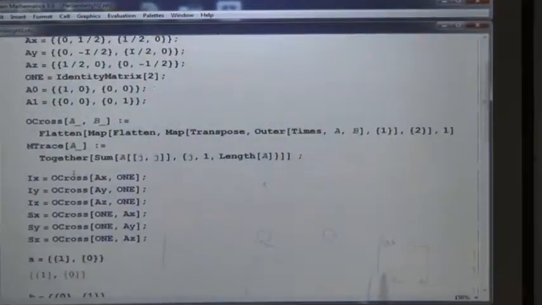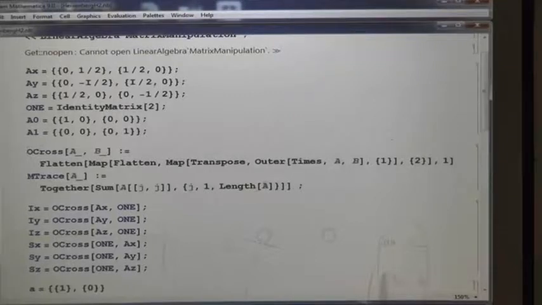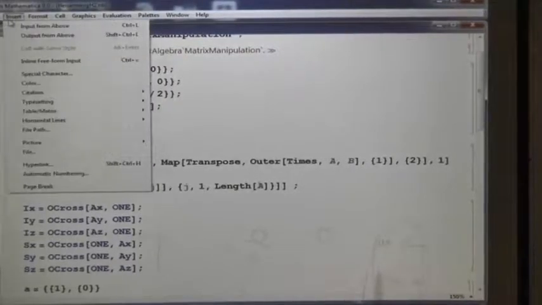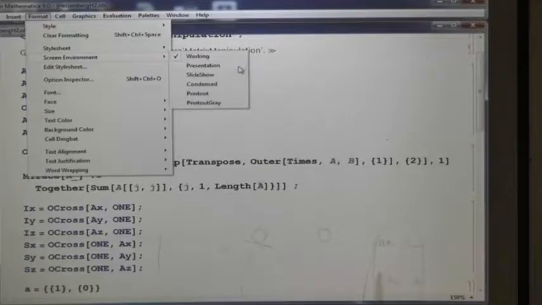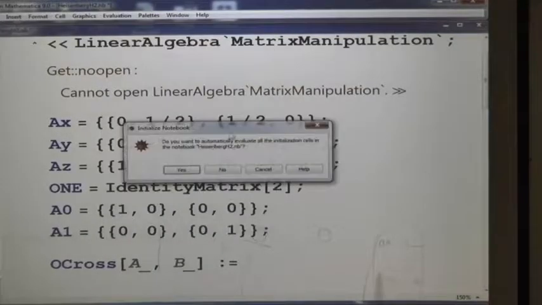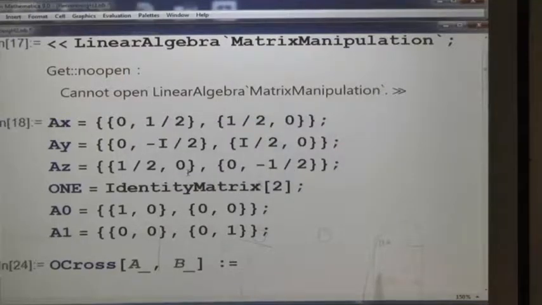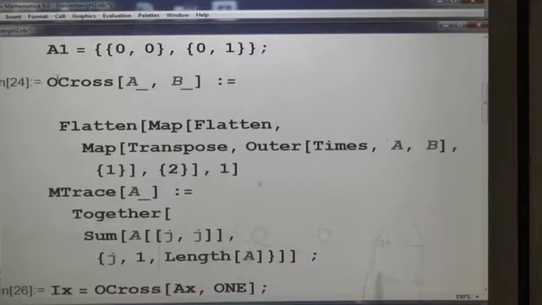So what I've done, I've defined a tensor product, O cross. I've already defined it. Let me initialize this. So I've defined a tensor product by O cross. This is my definition of a tensor product.